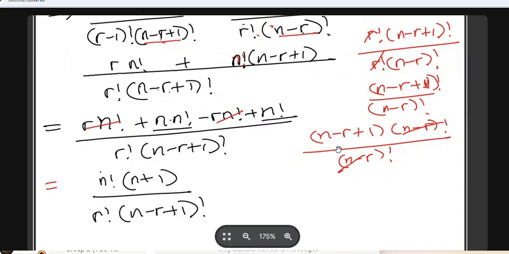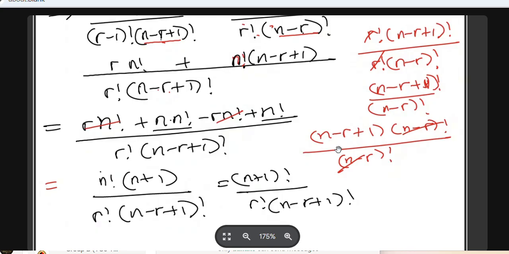Now, n factorial multiplied by (n plus 1) is just the same as (n plus 1) factorial. So on top is going to be (n plus 1) factorial, because n factorial multiplied by (n plus 1) is (n plus 1) factorial. Then again, the denominator will be over r factorial (n minus r plus 1) factorial.